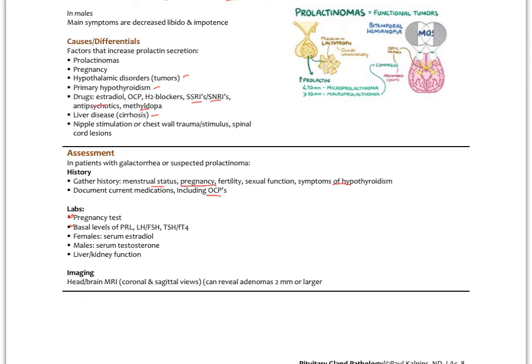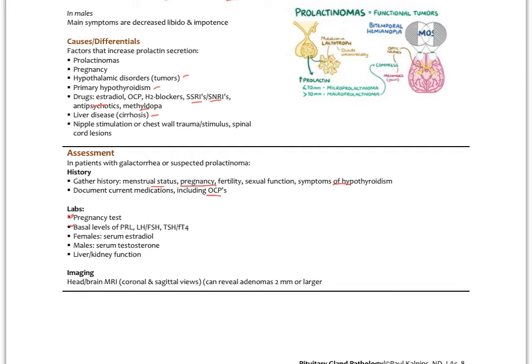I'll just say prolactinomas do also occur in males. The effects are going to be a lot less noticeable than in females, but again, low sexual function might be the first one there in a younger male. You're going to measure these same hormones, the prolactin, LH, FSH, TSH, free T4.